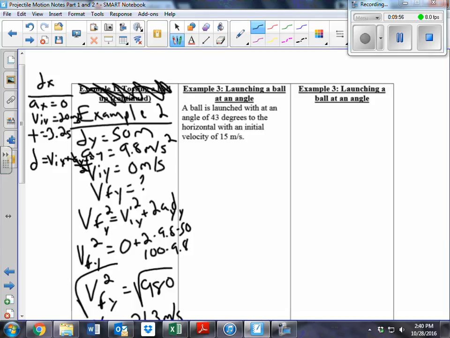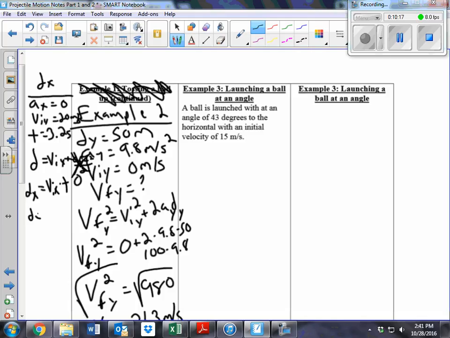now, this side goes away, and I apologize for running out of room. So try to fit this in your notes or just try to fit it in the sidebar somewhere and just write smaller. Because acceleration is 0, this whole side goes away because it's 0. So all I'm left with is dx equals VIX times time.